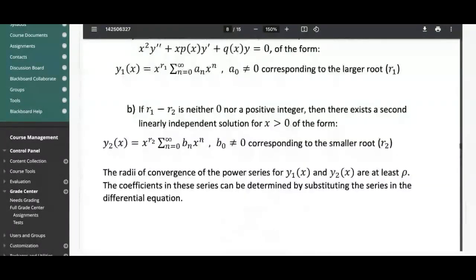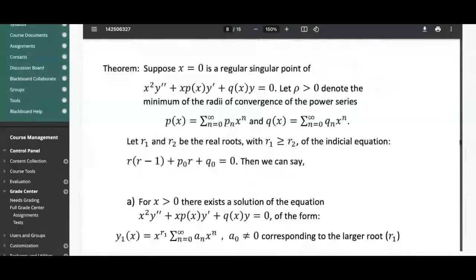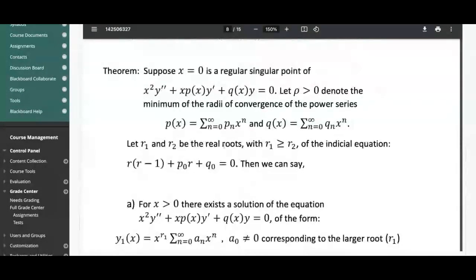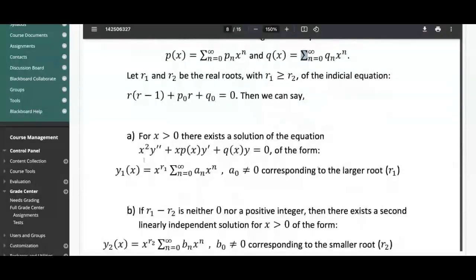In the theorem, just see this is this kind. The theorem says, okay, the theorem uses Pn and Qn, doesn't matter. Just saying we have one kind of this solution, another kind of that solution. Here, x raised by R1 times the power series, all right?